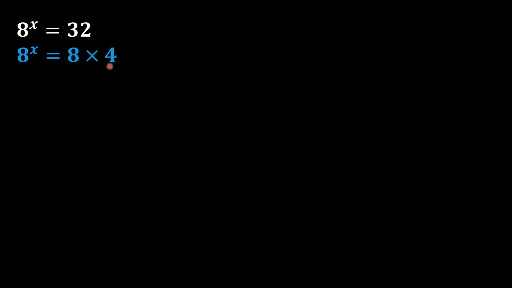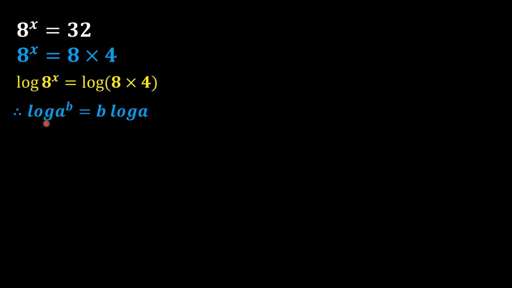Now we should apply log on both sides of the equation. As a result, we should get log 8 to the power x is equal to log 8 into 4. Now on both sides of the equation, we should apply the properties of log. If a base has a power and we apply log on this value, then this power will go and multiply with the log of the base.